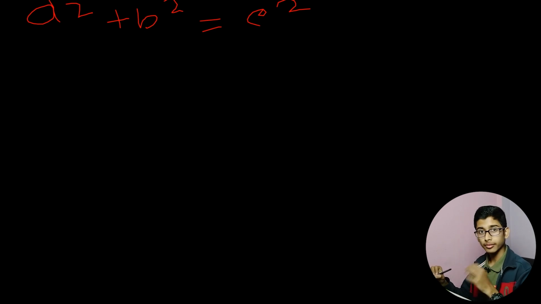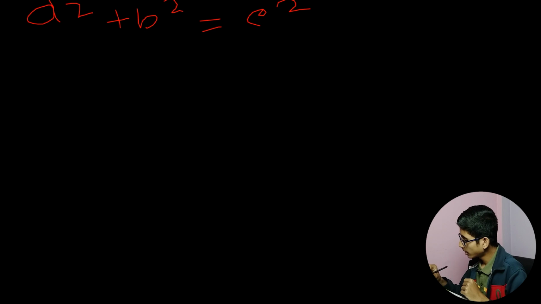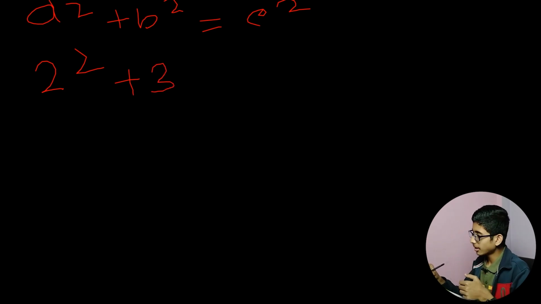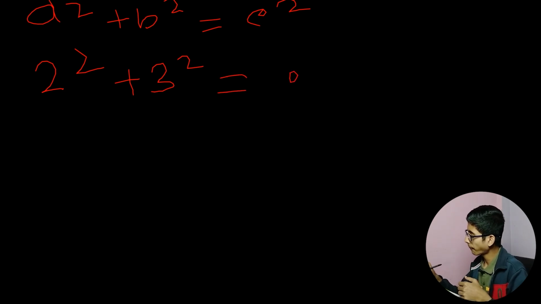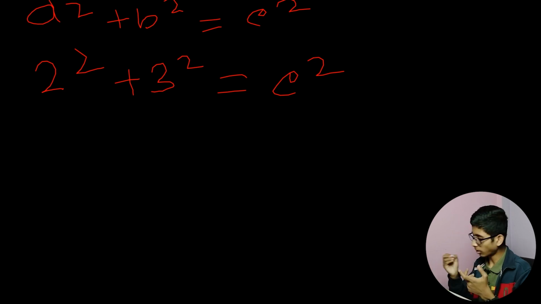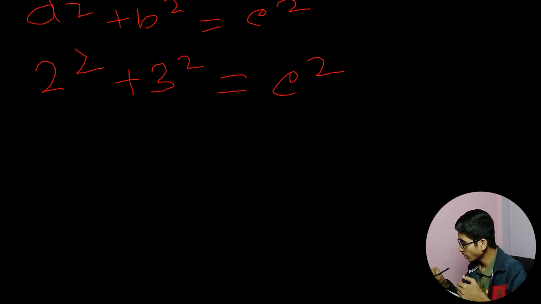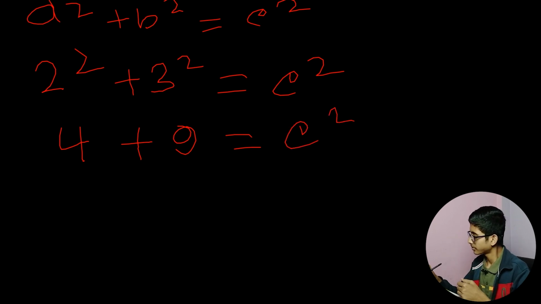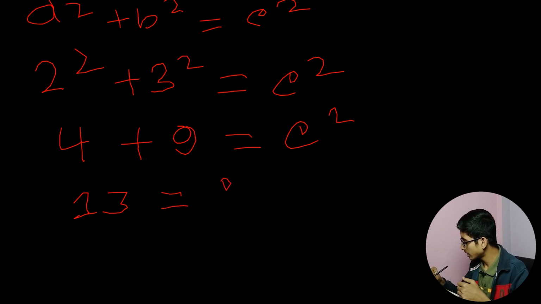What was the value of A? 2 squared plus B, B was 3 squared, is equal to C squared. Or 4 plus 9 is equal to c squared, or 13 is equal to c squared.